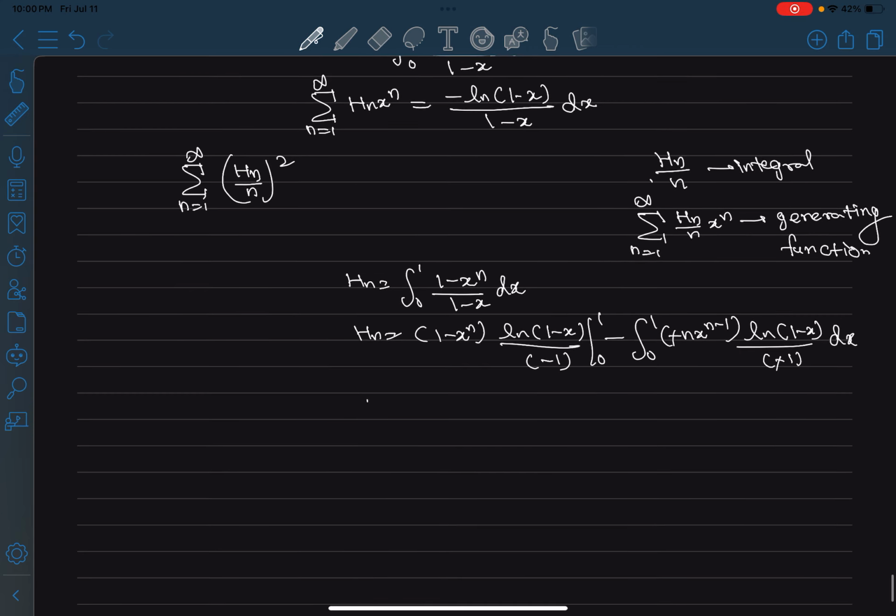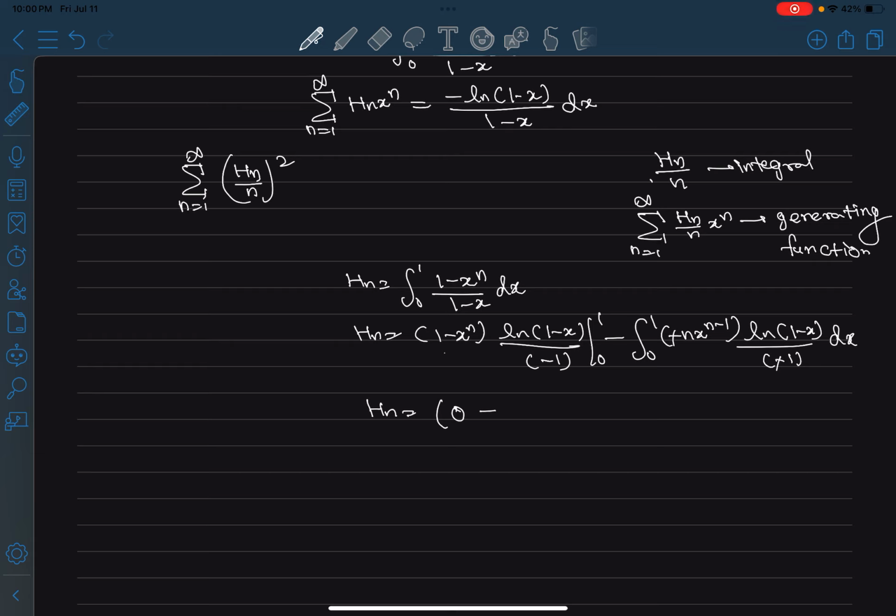Now at x equals 1, 1 minus x becomes 0 over here, and ln of 1 minus x is also singular. This is 0 times infinity, which is indeterminate, so you need to take limits, and then you get 0.